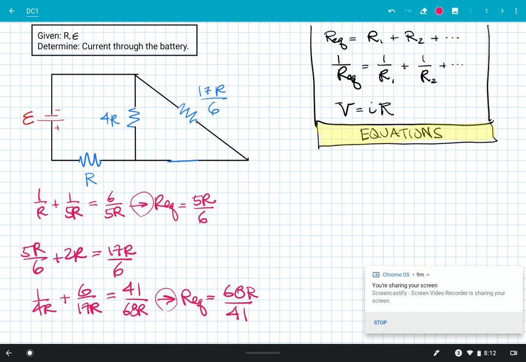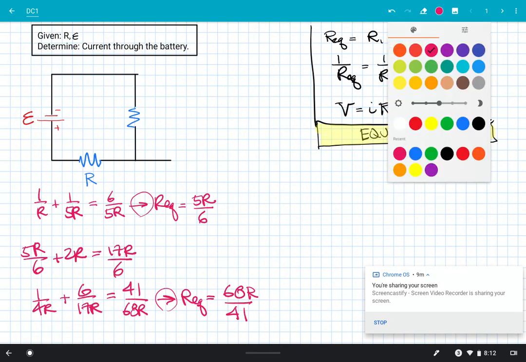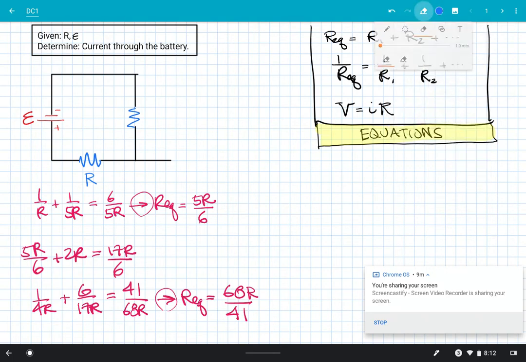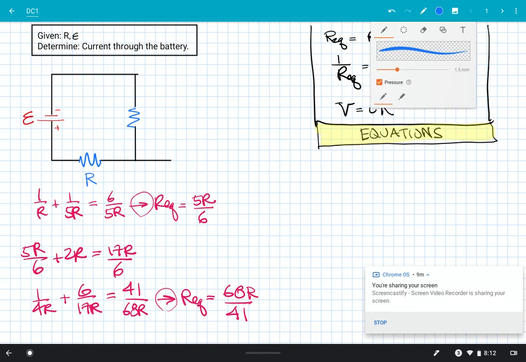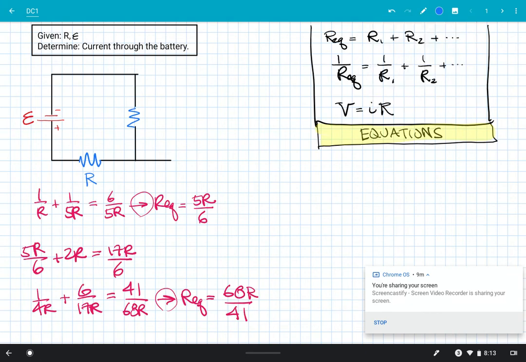I can get rid of this, this, this. And now I'm left, oh, no, I need to change the value here. So this guy is 68R over 41.